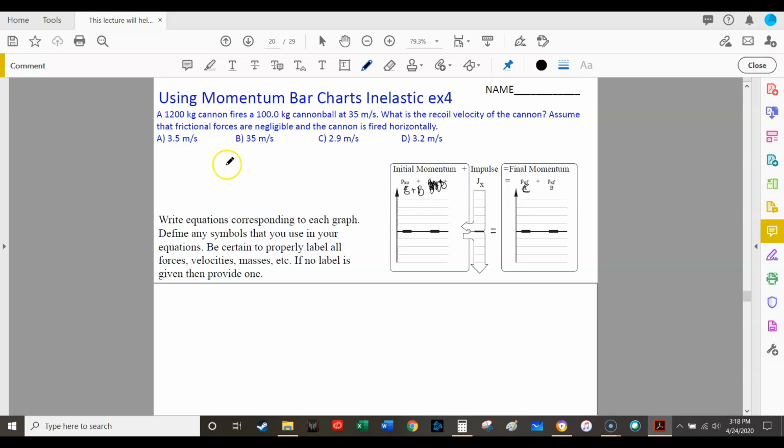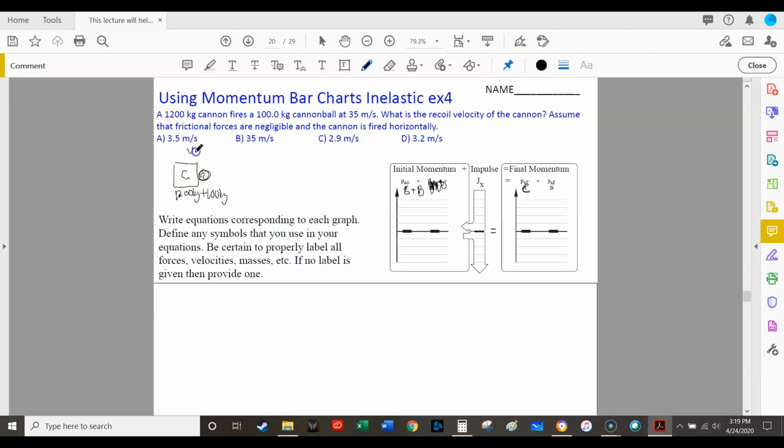All right, let's go back. Let's go ahead and label this. I'm going to give it a big old block and call it the cannon, and the ball are together. So this is the cannon and this is the ball, and I'm going to put the ball here and label it with a B. This is 1,200 kilograms plus 100 kilograms, right?